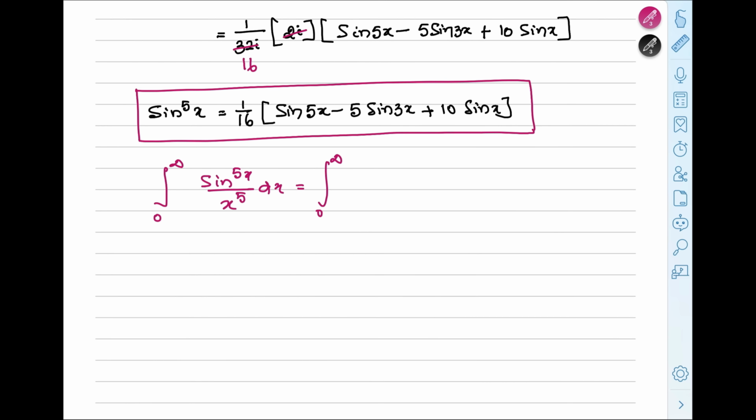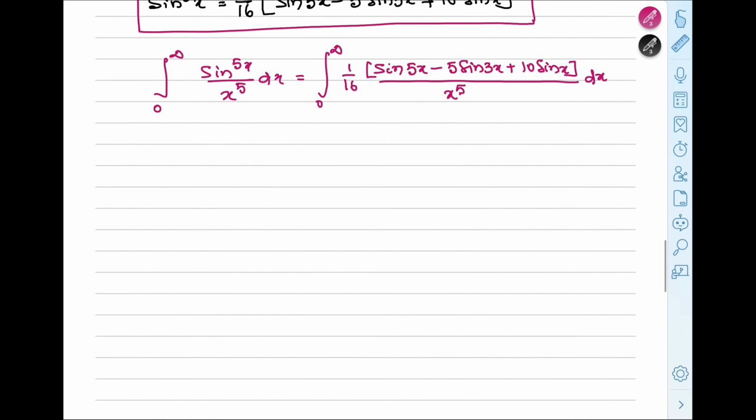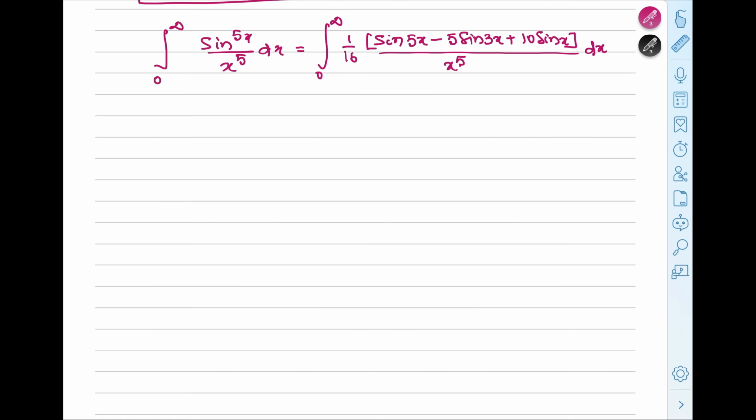In the numerator it will be sin 5x minus 5 into sin 3x plus 10 into sin x whole divided by x to the power of 5 dx. Now the problem becomes very easy.